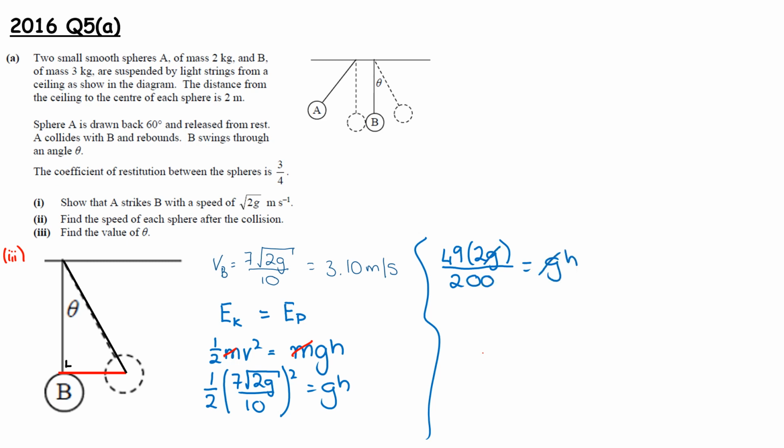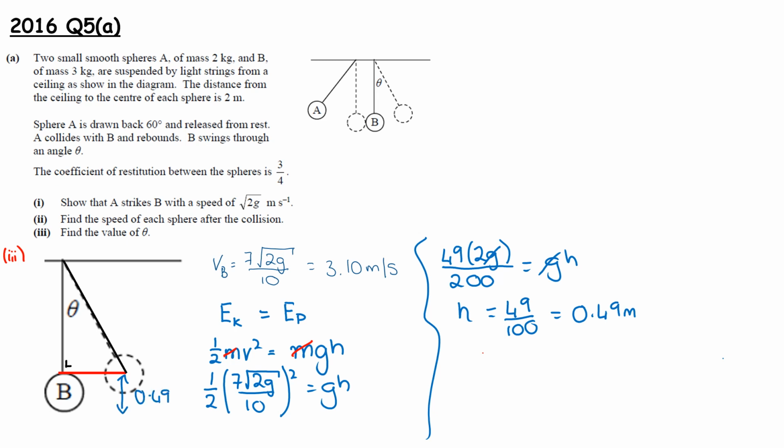Our g's cancel, so our h is equal to 49 over 100, or easier, 0.49 meters. So that's how high it has come off the ground. So we are now talking about a height here of 0.49.